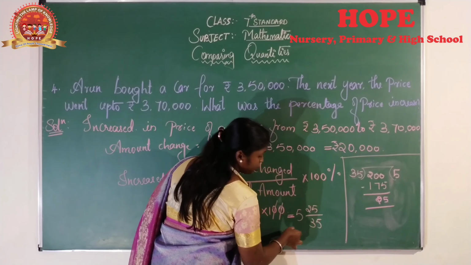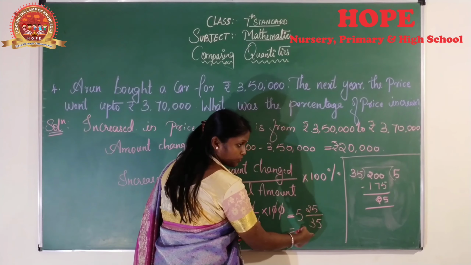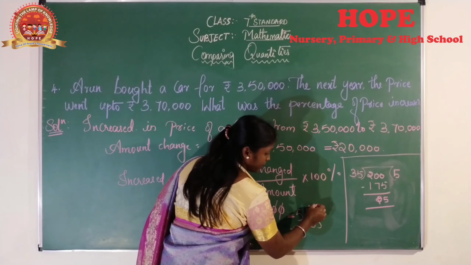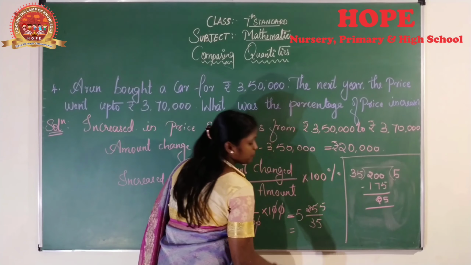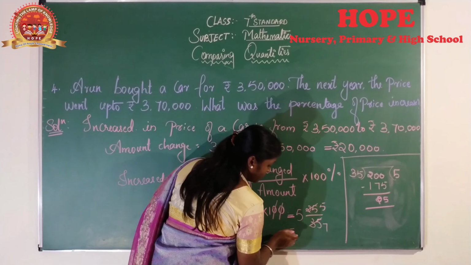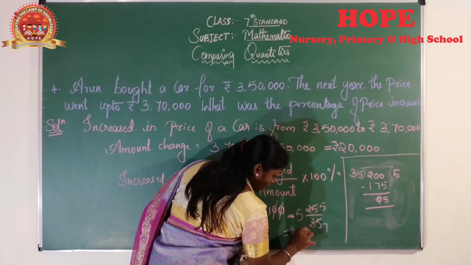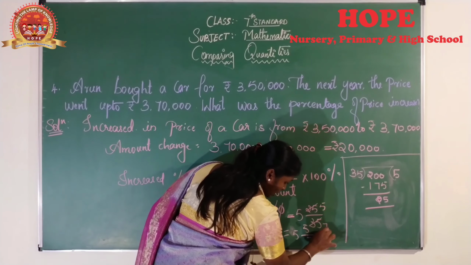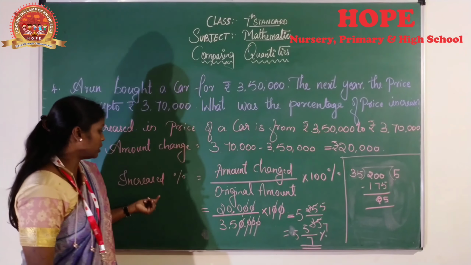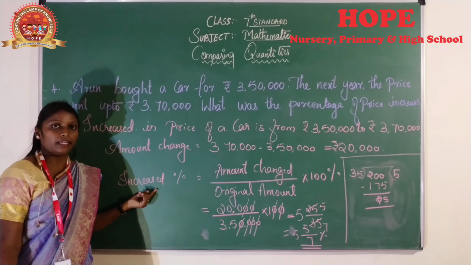You can bring this again to the lowest form. How? You can divide both by the 5 table, like 5 5s are 25, 5 7s are 35. So this will be equal to what? 5 by 7 percent. This is how we are finding out the increased percentage.